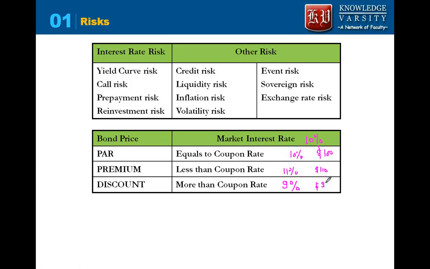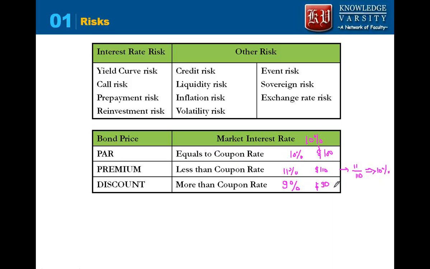Let's say this is a 1 year bond only. If you see, it gives you a coupon of 11% on face value, that is 11. So it gives you 11 and the price is 110. So effectively you are getting 10%, which is the market rate.